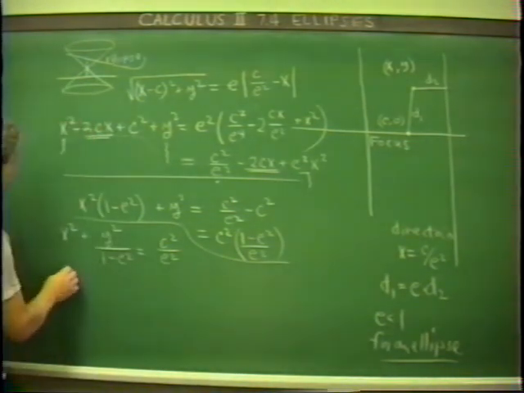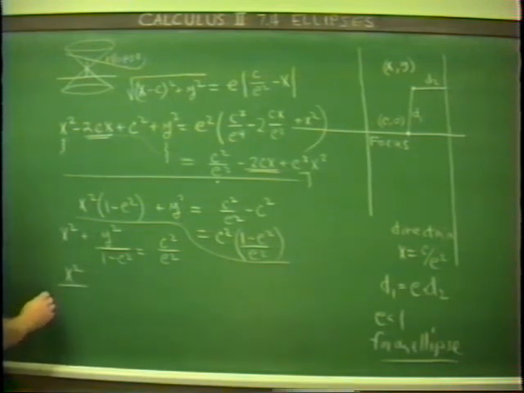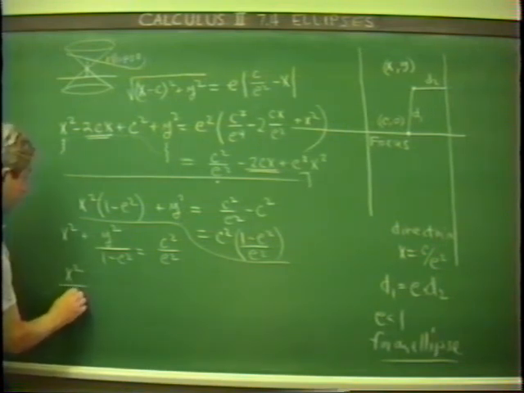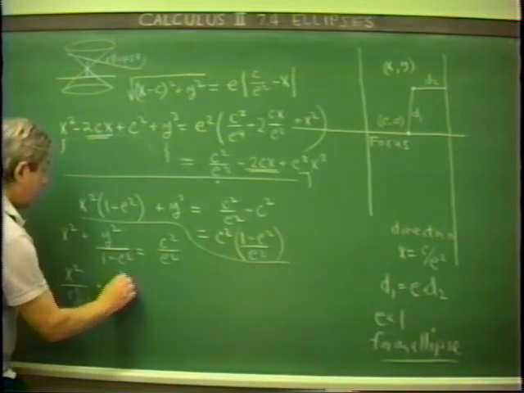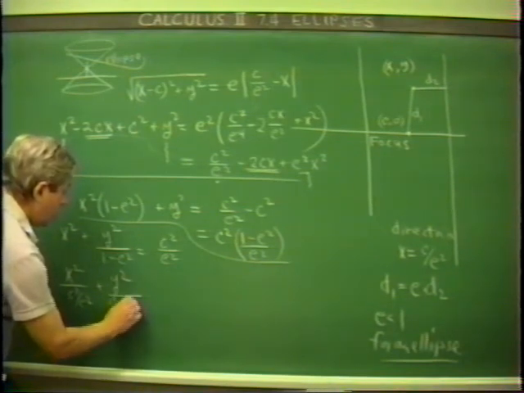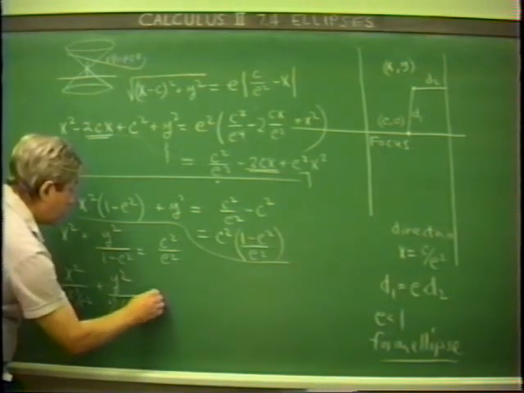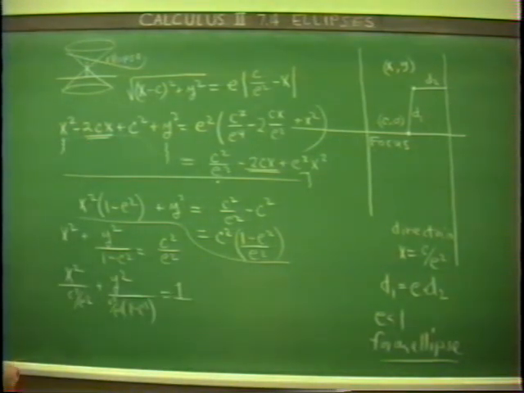Right? And I want to divide both sides by c squared over e squared. So I've got x squared over c squared over e squared plus y squared over c squared over e squared times 1 minus e squared is equal to 1.